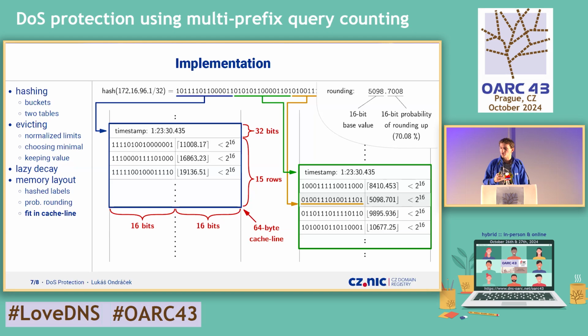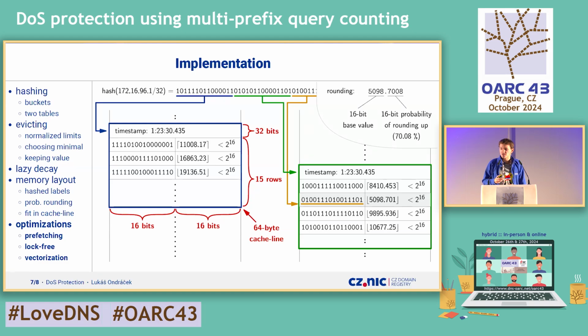So let's use all the data which are stored there. Now we need only 2 memory accesses for one query on a specific prefix in the table, and for the whole query, with at most 5 prefixes, we need at most 10 accesses.